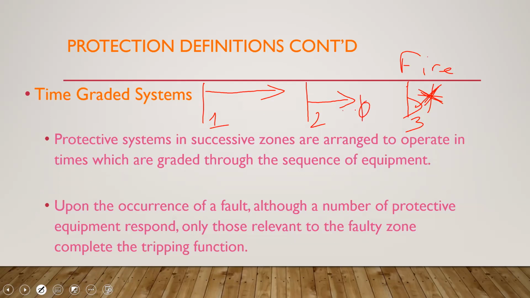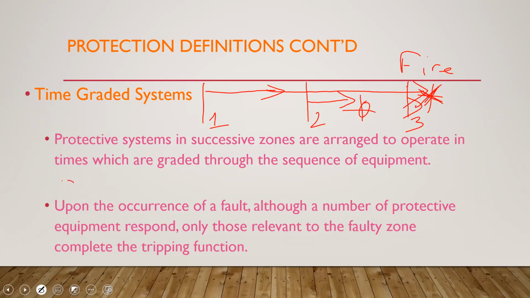There's an accident, so it doesn't get to the fire. However, because Firehouse 1 had already dispatched a unit, it will continue, it will pass the accident and go and extinguish the fire. That is how a time-graded system works.